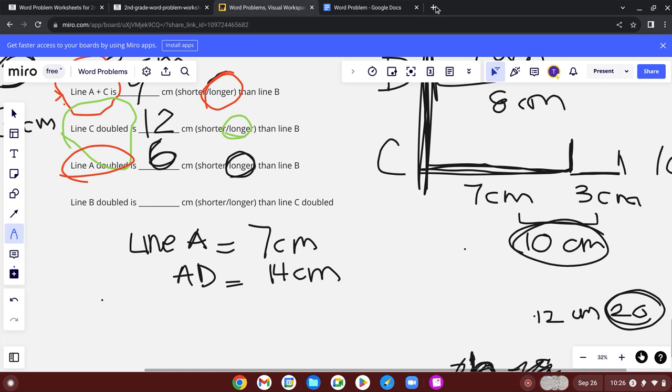Okay, so that's a different way that you did it, right? Instead of doing a tape diagram, you know that B is 8 centimeters, so you count up with my hands to 14. That's another way of doing it faster. Yeah, faster.